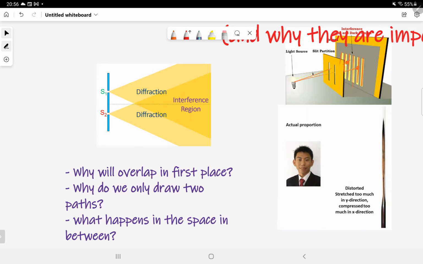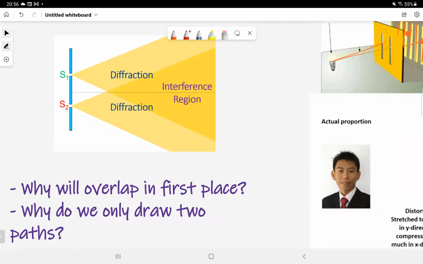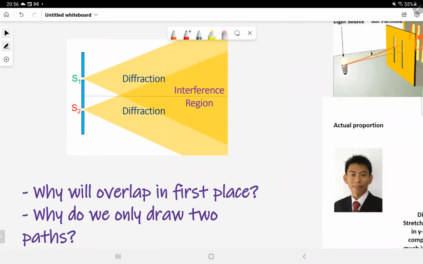If you look from the top view, this is closer to what is happening. We are just zooming into a region close to the slits, zoom in until we see the two slits in this manner. Here there is one phenomenon called diffraction. So the wave comes out of the slit already spread.